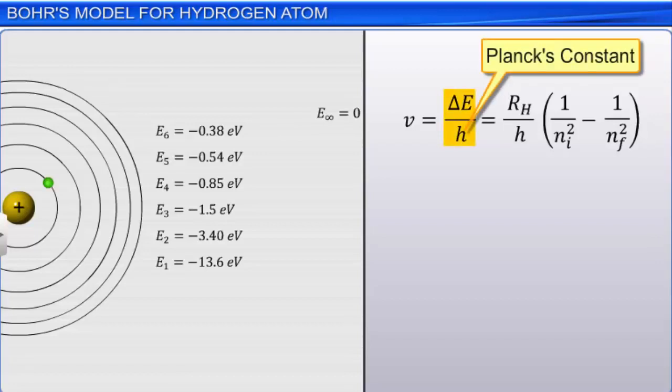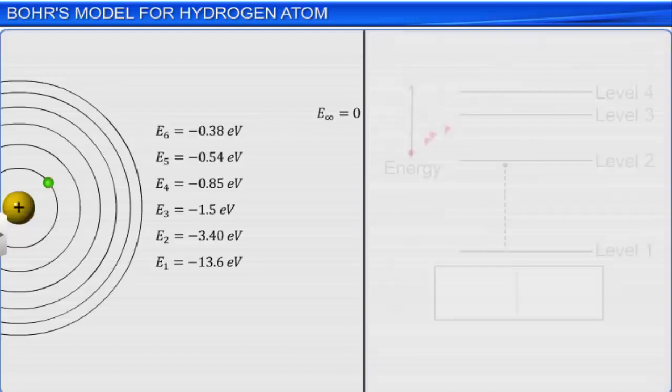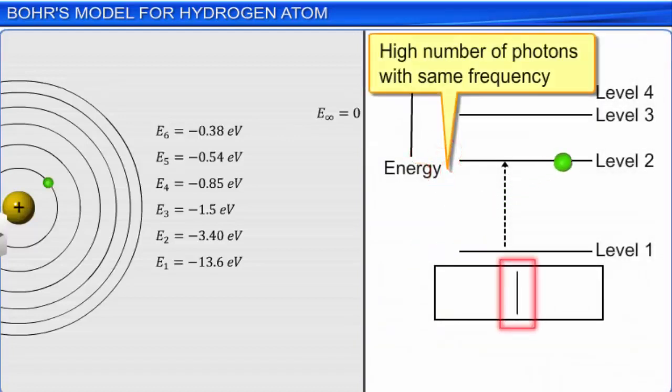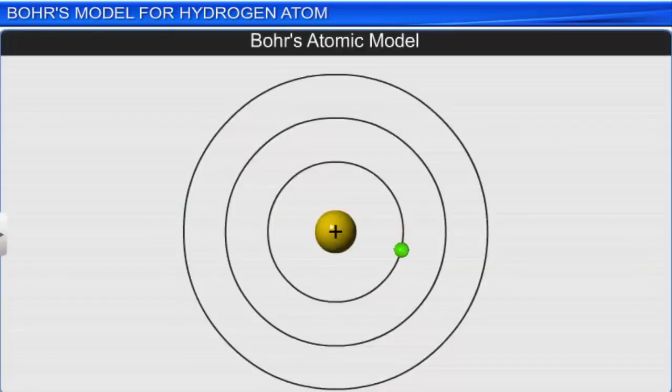The wavelength can be calculated by dividing the velocity of the electron by the frequency of the radiation. The more photons of a particular frequency or wavelength absorbed or emitted, the more the intensity of the associated spectral line. Bohr's atomic model of the hydrogen atom, therefore, helps to get most of the answers to the questions prevalent at that time.